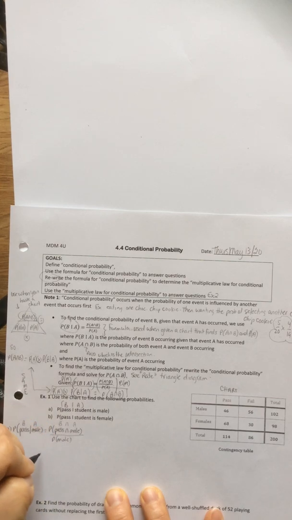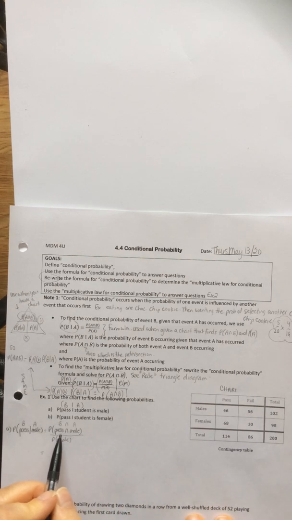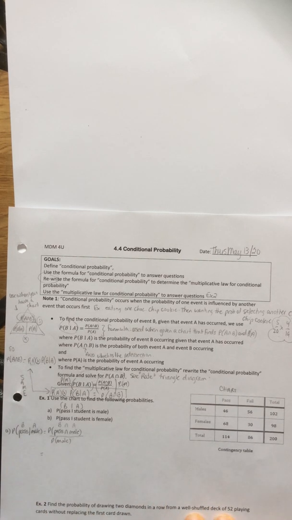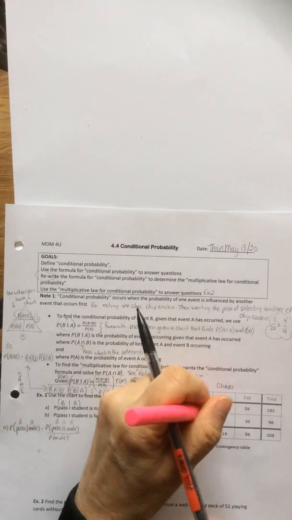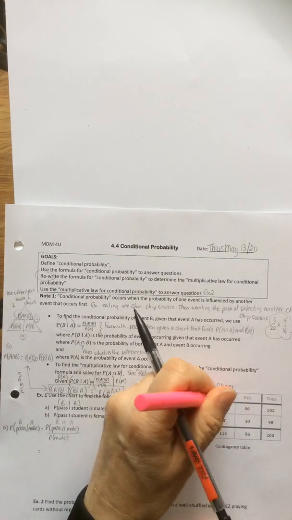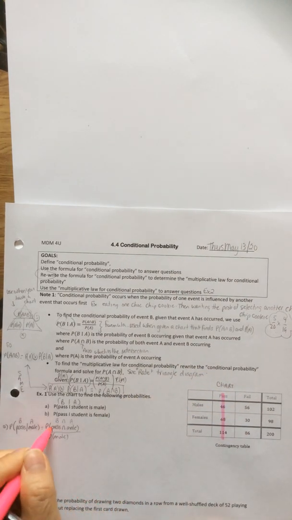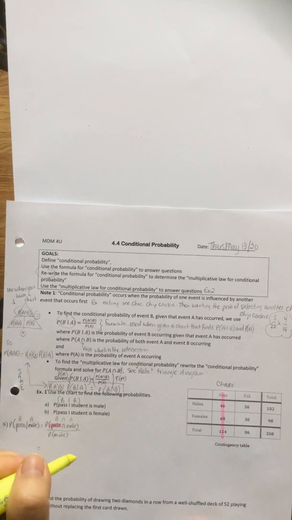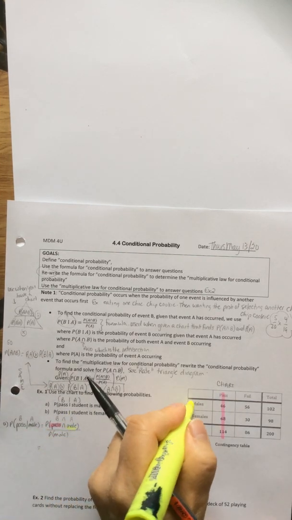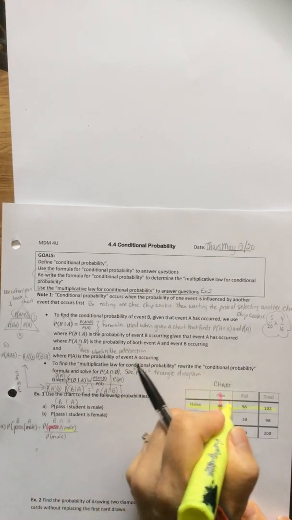Okay, so to get a probability, you have to have a fraction. So it's the intersection of the passing. So that's the passing. That's the male. Okay, so where do they intersect?